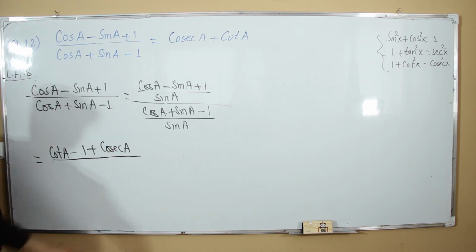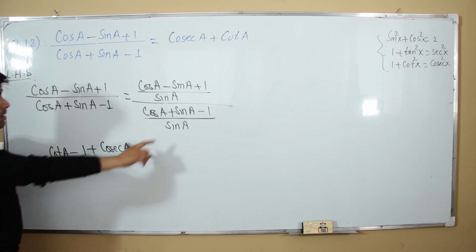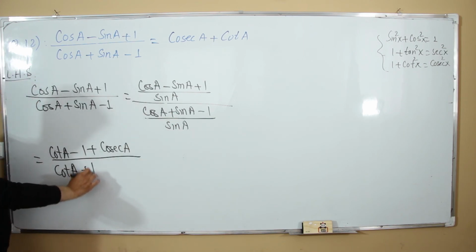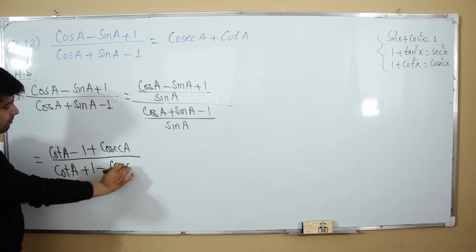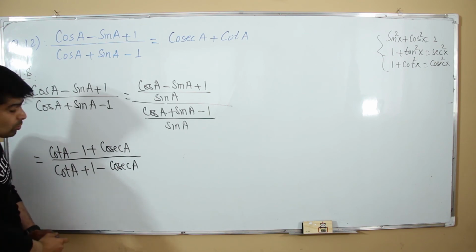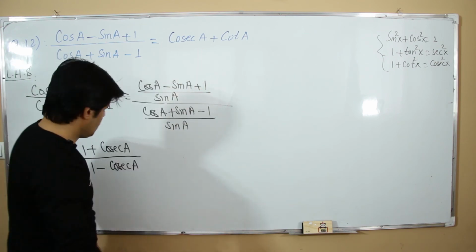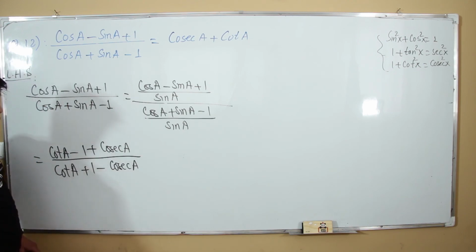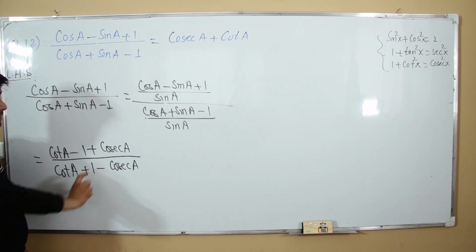Now in here, cosine by sine, this is cotangent of a, sine by sine, it is 1, and minus 1 divided by sine, which is cosecant. Cosine by sine is cotangent, minus sine with sine is 1, and 1 divided by sine a is cosecant. But in our answer, we don't have any denominator, just we have numerator. So we have to find a way which we can cancel something of the numerator with the denominator.